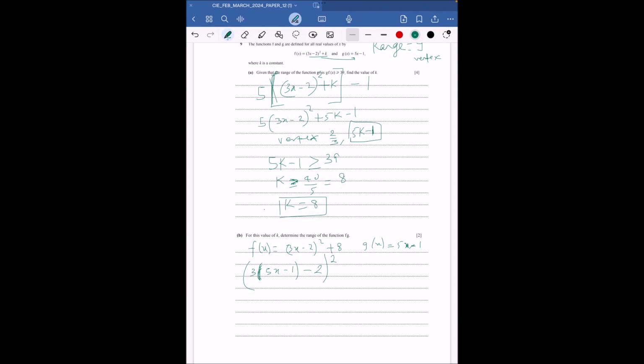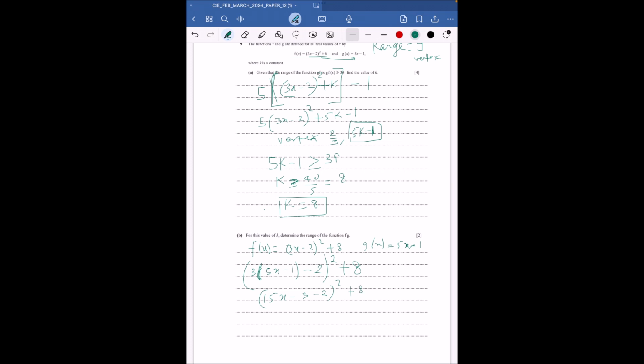So put that there, plus 8. So that would be 15x minus 3 minus 2 squared plus 8.